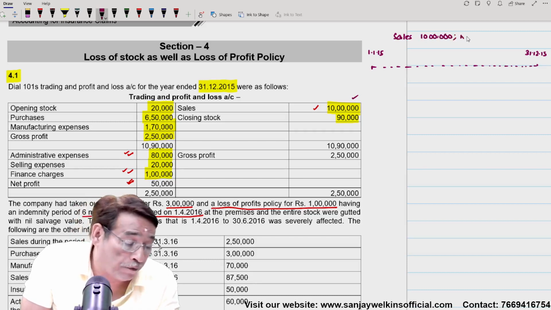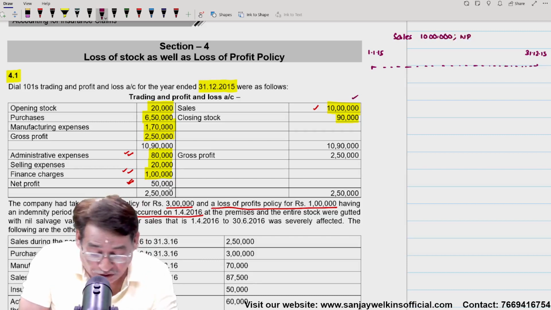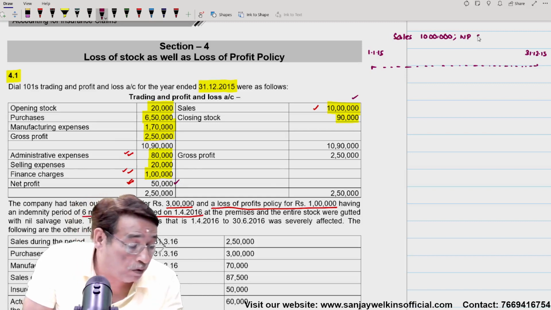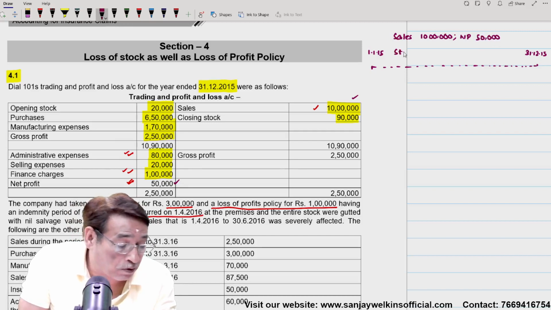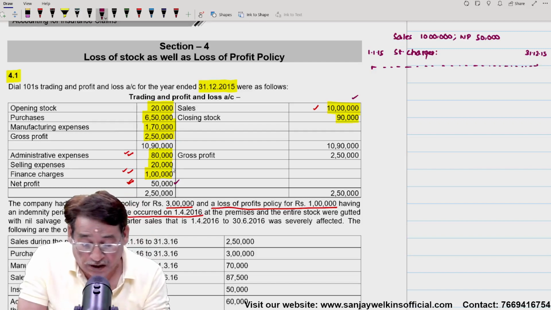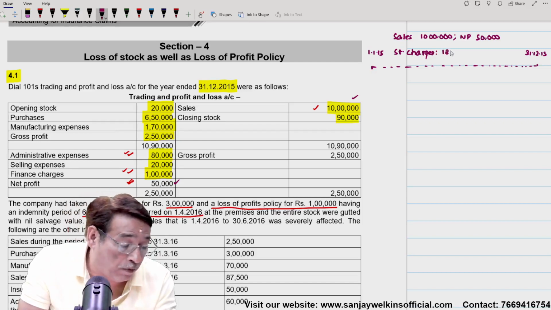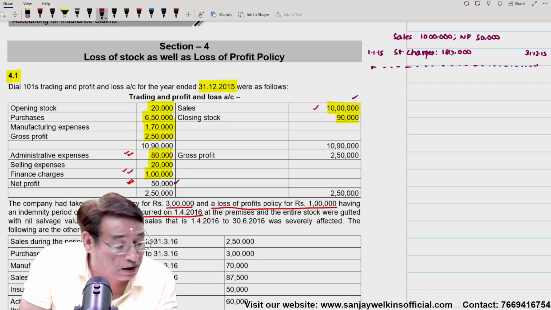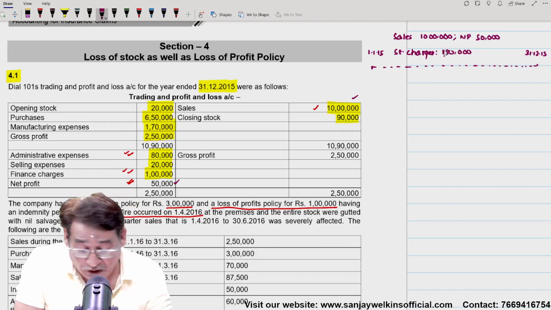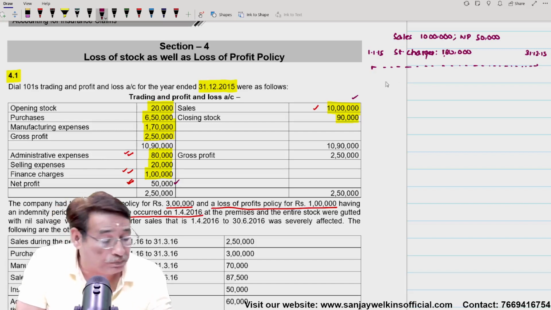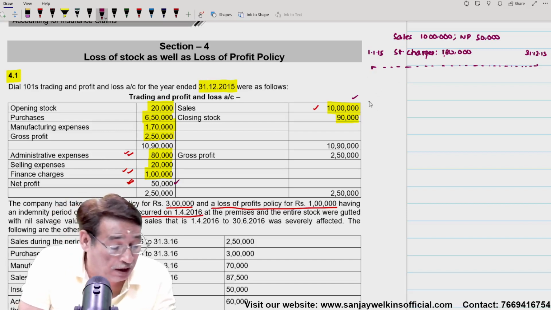Your net profit last year is 50,000. It is also given. Then standing charges. Standing charges of last year, I had just told you, 80 plus 1 lakh. 1 lakh 80,000 will be your standing charges. This is the information of the last year.